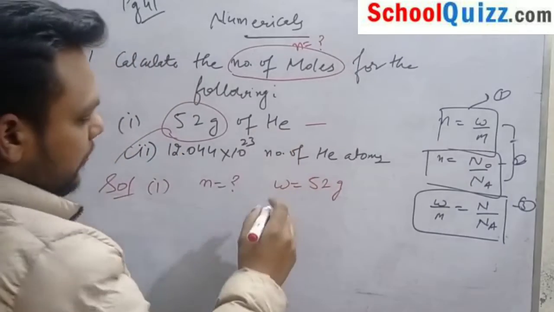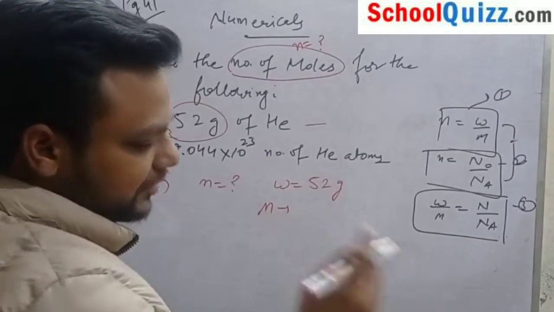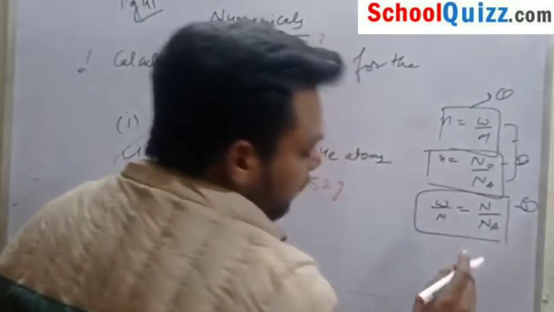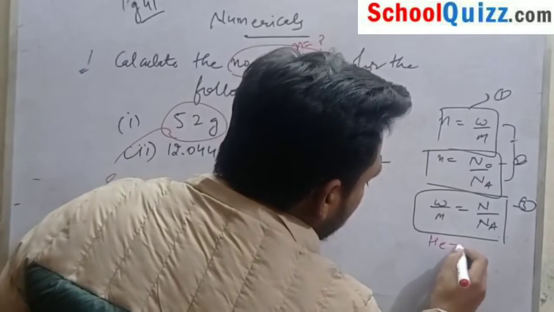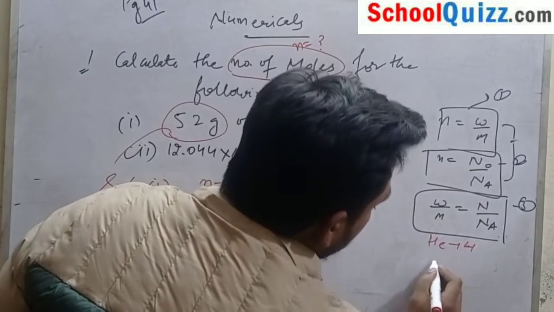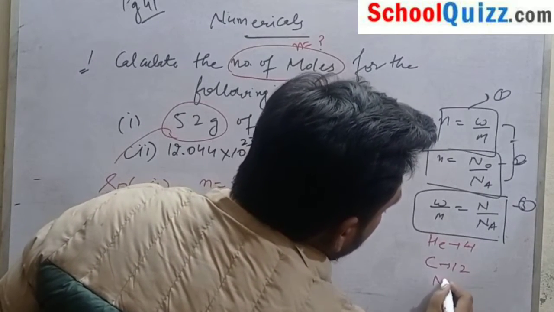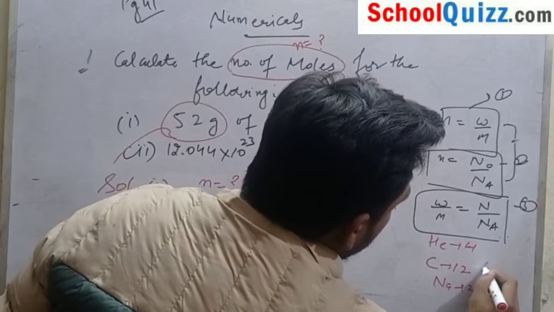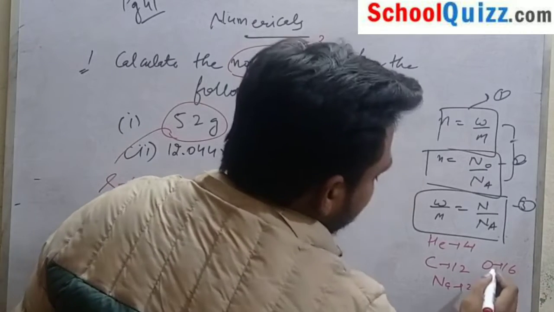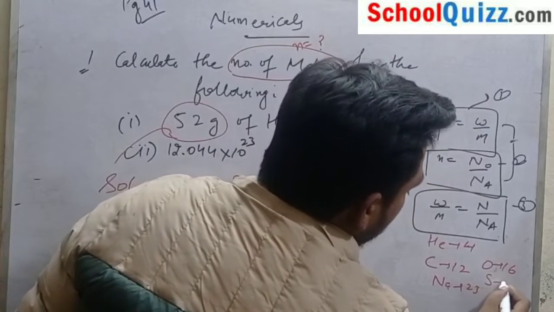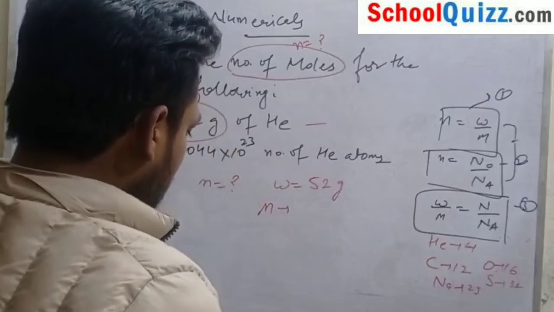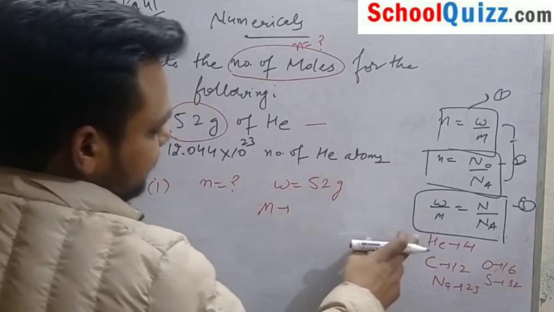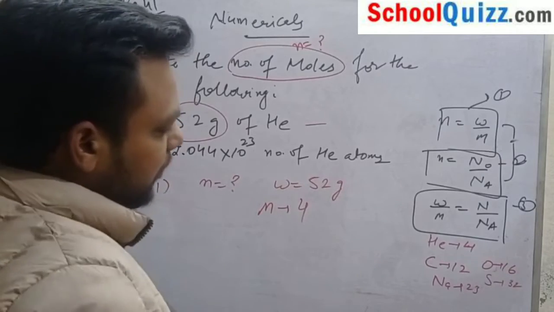Molecular mass I have already discussed: helium 4, carbon 12, sodium 23, oxygen 16, sulfur 32. So as we know, molecular mass of helium is 4.